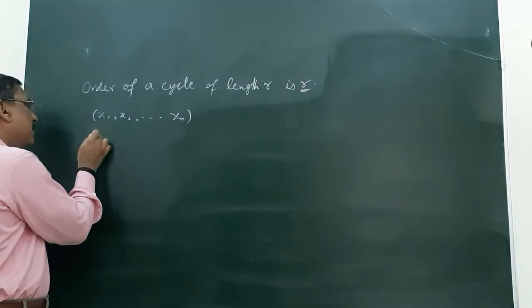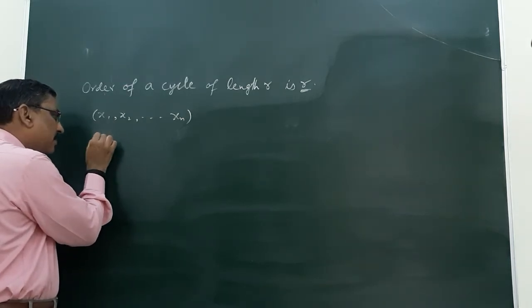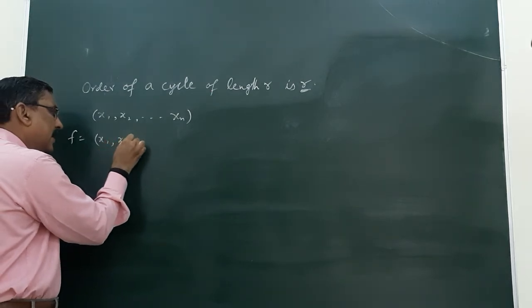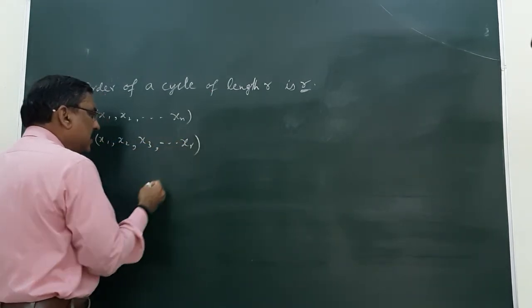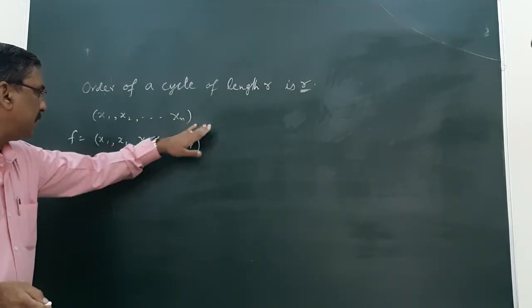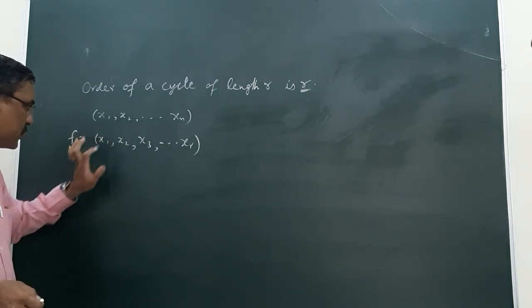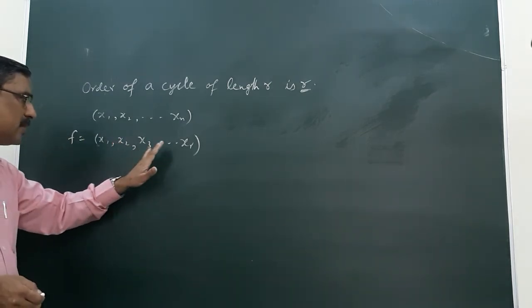Out of these n elements, R elements are such that the image of x1 under F is x2, and x2 goes to x3, up to xr. These are the R elements having such images, such that F(x1) is x2 and F(x2) is x3 and so on.